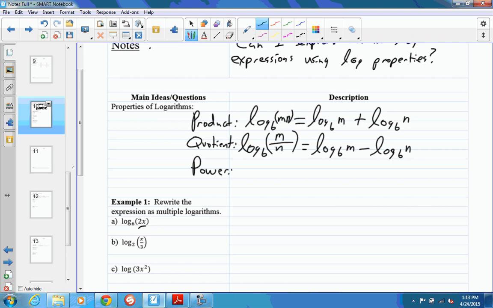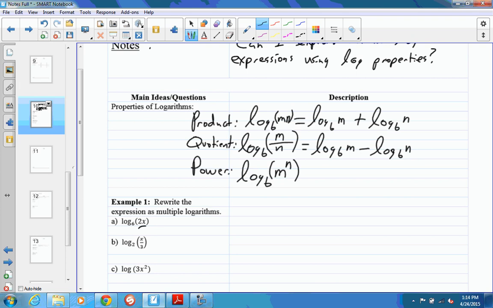Thank you, Cole. So power, guys, this is the one that's not tricky. It's just different. You don't really have an opposite. With a power, if I have a log base b of m, and this is where you're going to want to pay attention, m is raised to an n power.